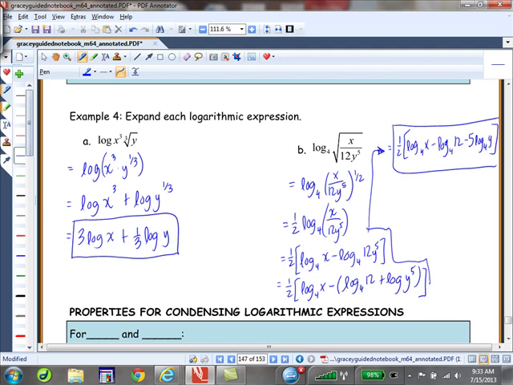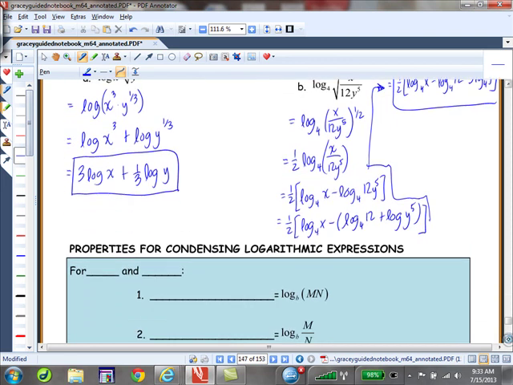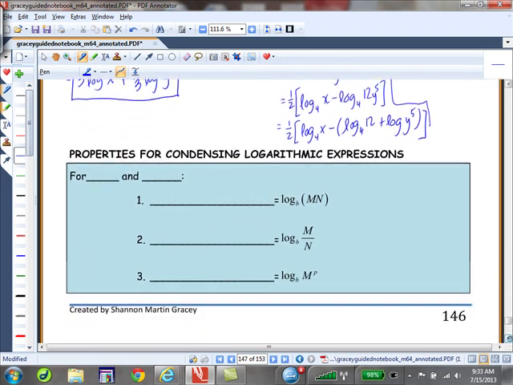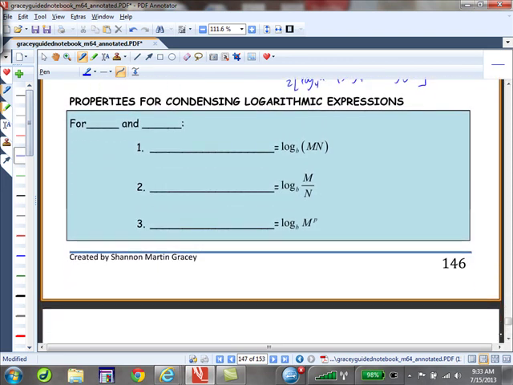All right, so what we'll use mostly here to solve equations is this property for condensing logs. So again, for m greater than 0 and n greater than 0. This is when the logs are expanded and you want to condense them.